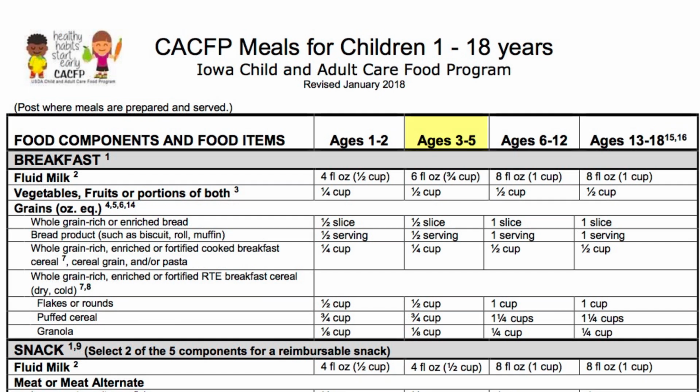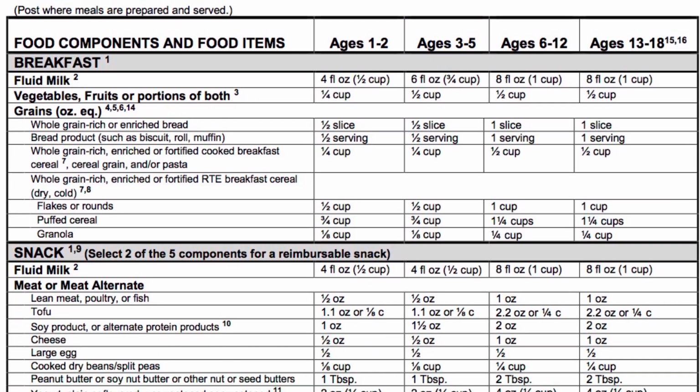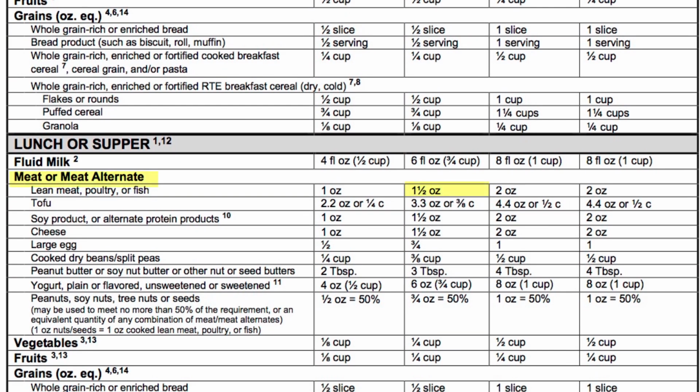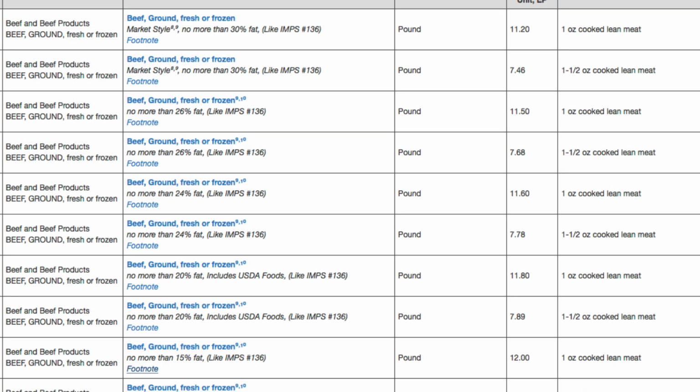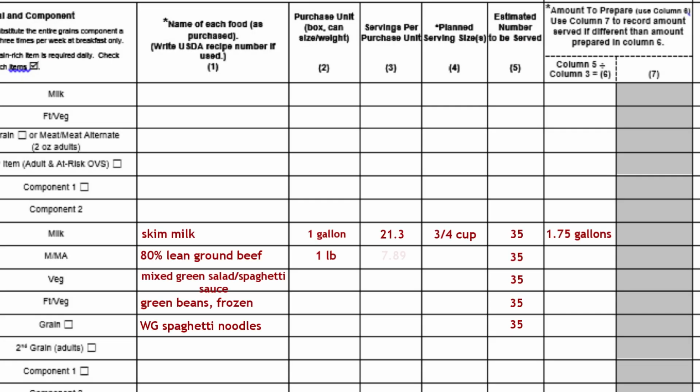The serving size required by the meal pattern for 3 to 5-year-olds is 1.5 ounces. The food buying guide indicates there are 7.89 1.5 ounce servings of cooked meat in each pound of 20% raw ground beef. Enter 7.89 in column 3, servings per purchase unit. Enter 1.5 ounces for the planned serving size in column 4.